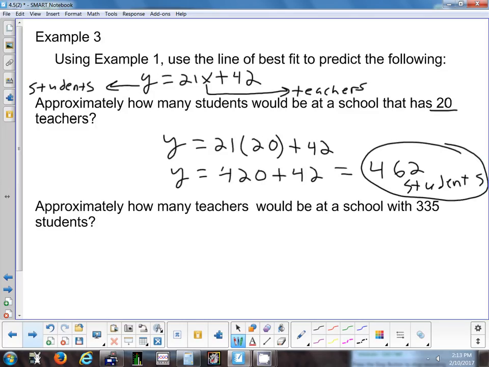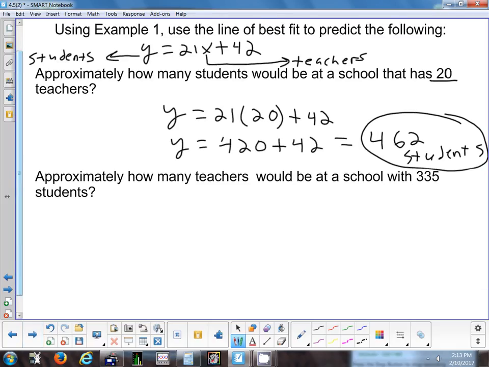How about the next one? Equation for that one. Jen? 335 equals 21x plus 42. This time they're giving me the number of students, so that's y. Okay, what would be my first step to solve this for x?